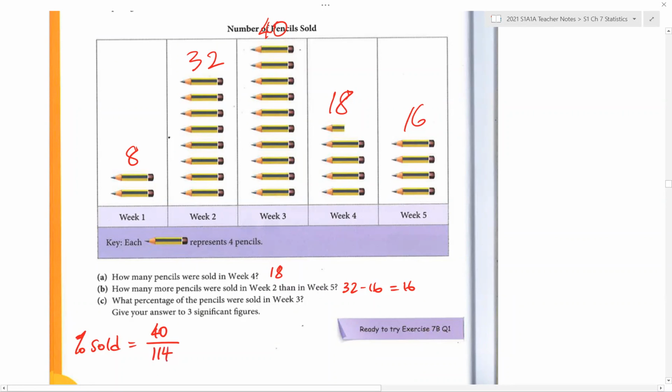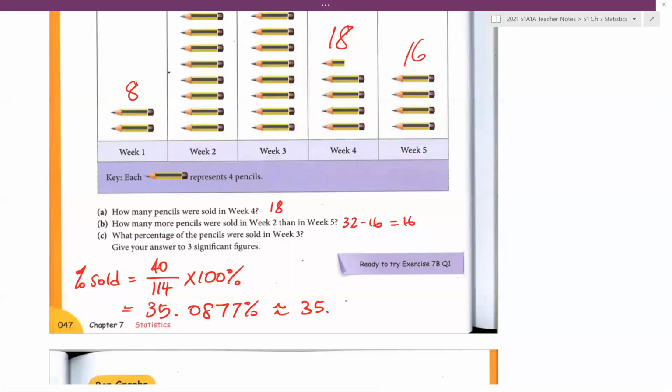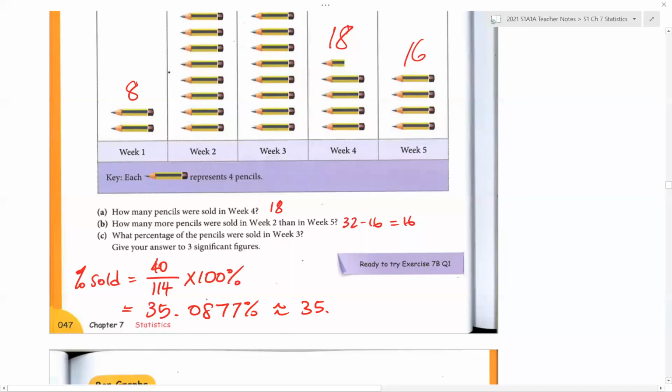You get 114? Sold in week 3 over the total, times 100%. 40 over 114. 35.0877%. Which one should I circle? 8, and up 1%. Okay, so that's it.